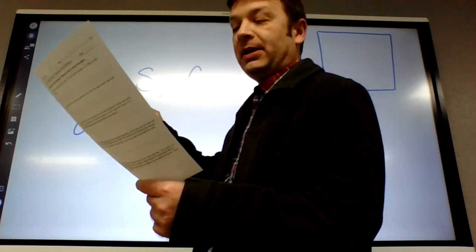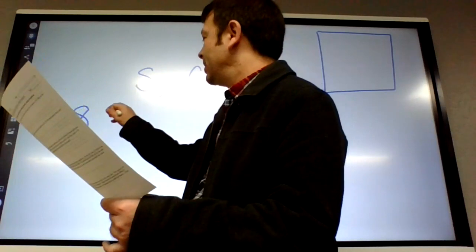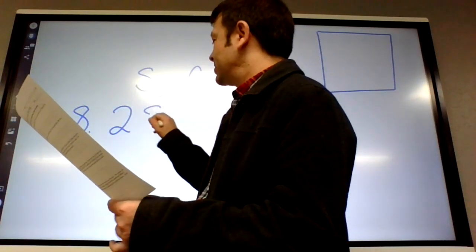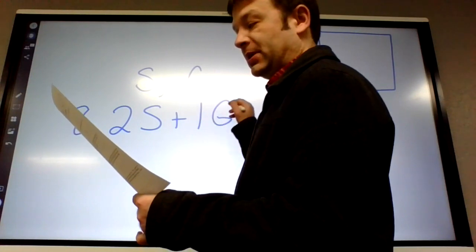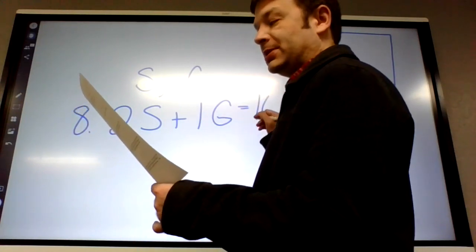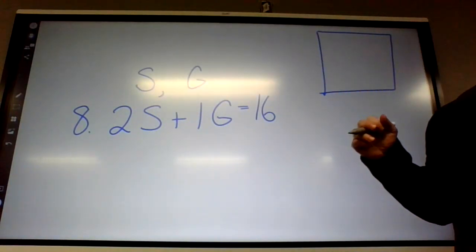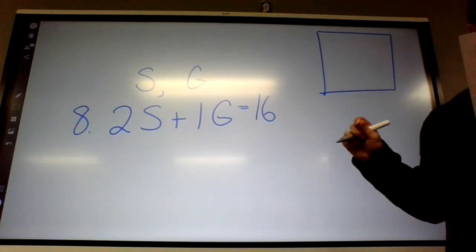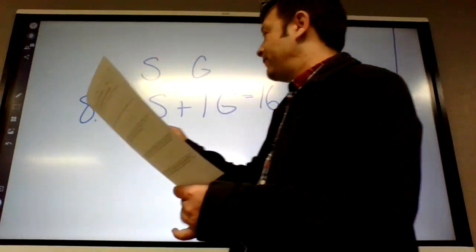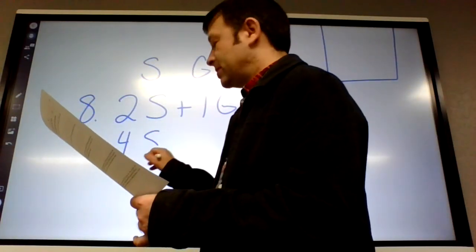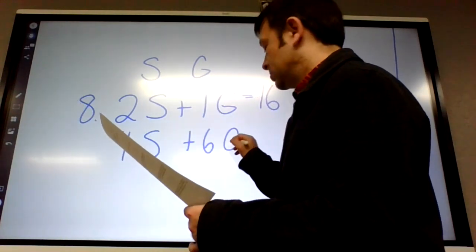Okay, so it says 2 sods plus 1 geranium, and Ming spent $16. Okay, and then Eduardo spent $64 on 4 sods and 6 geraniums.